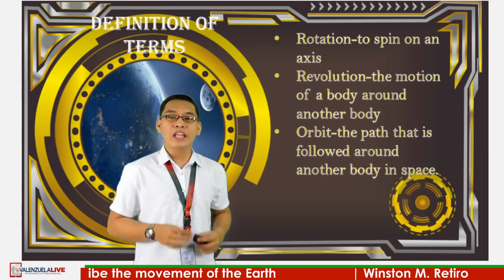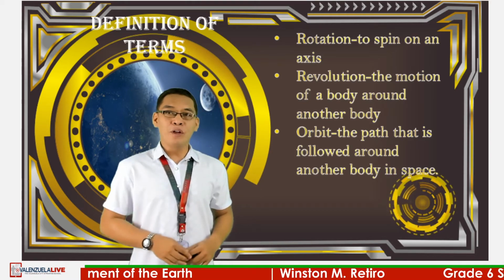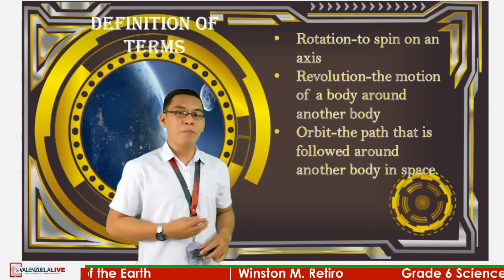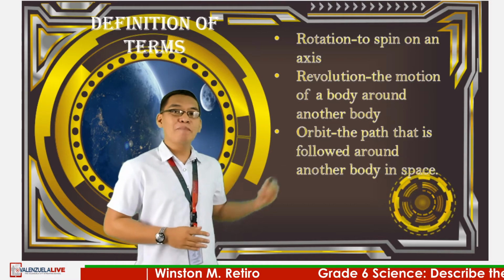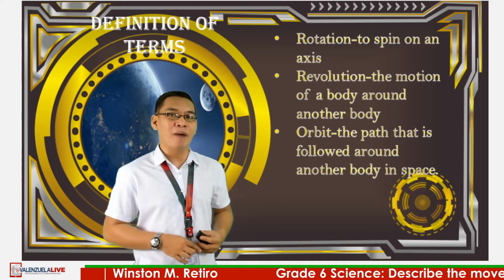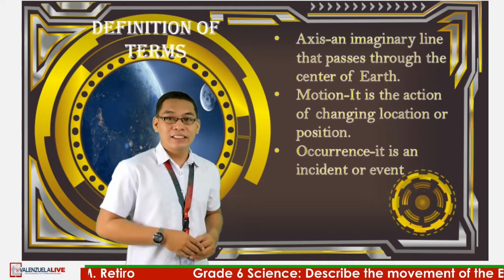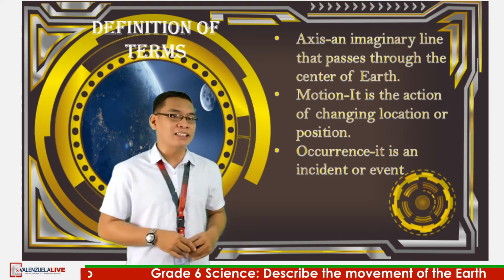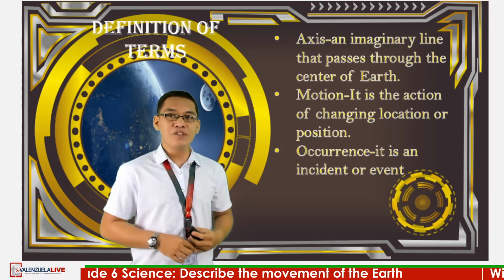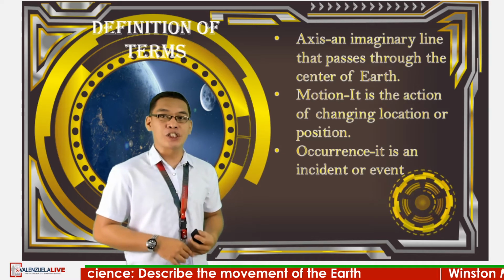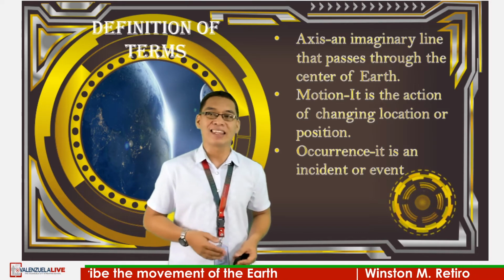We have rotation, to spin on an axis; revolution, the motion of a body around another body; orbit, the path that is followed around another body in space; axis, an imaginary line that passes through the center of the Earth; motion, the action of changing location or position; and occurrence, an incident or event.